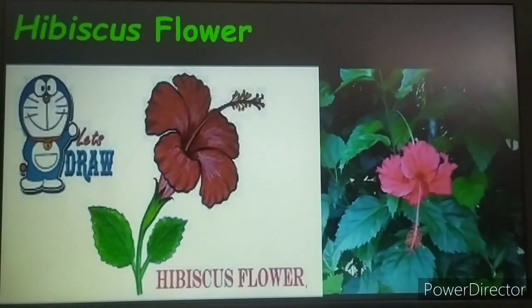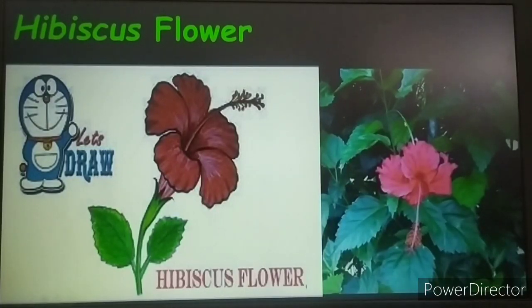As you can see in this module, the flower is attached to the shoot of the plant by a stalk. In figure number 2 on the right hand side, you can see a flower attached to the shoot of the plant by a stalk.